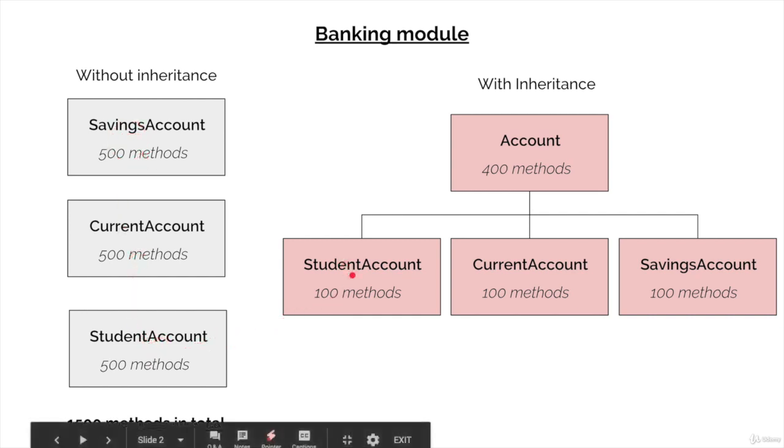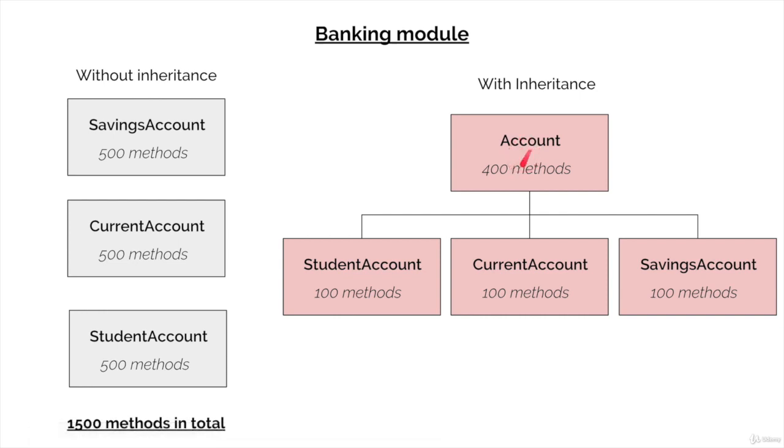But over here you have to make it just once in the parent class and it's automatically available in the child classes. So it also promotes maintainability of the code and makes it easy for future development and enhancement. So this is how inheritance becomes really useful in the programming world.